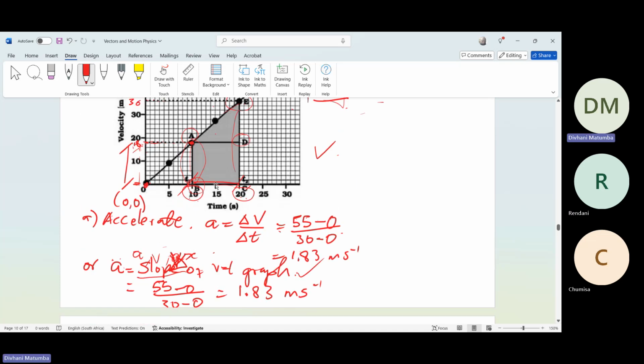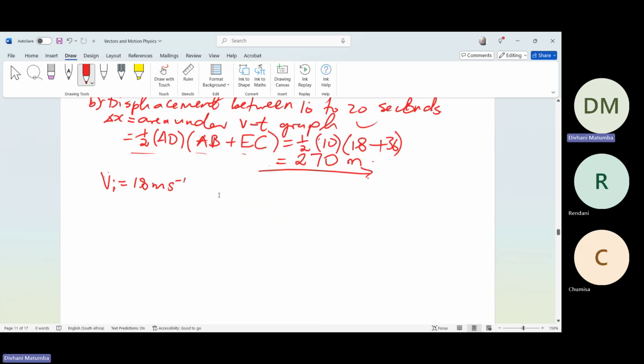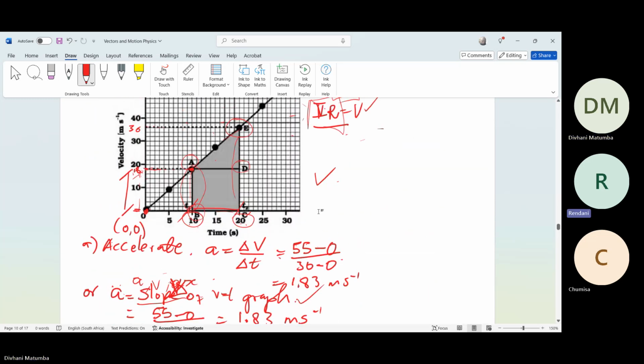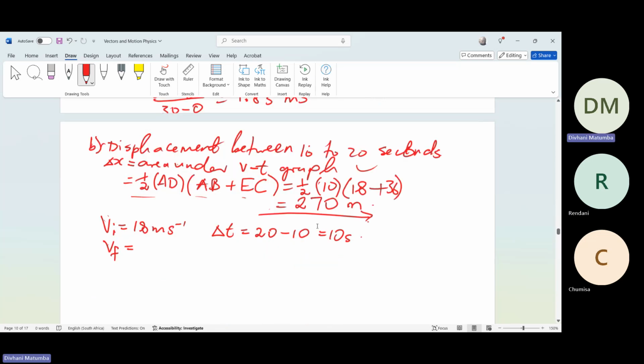Then you also have change in T, which is 20 minus 10, which is 10 seconds. You also have V final, which is how much? V final is 36. Perfect.